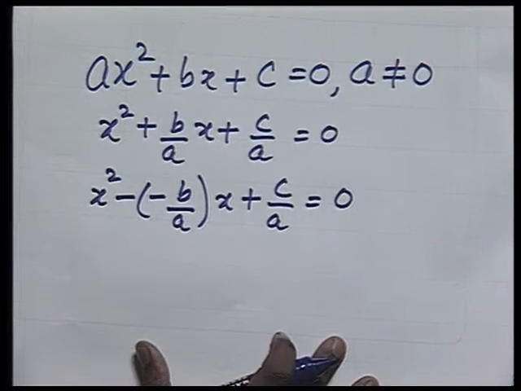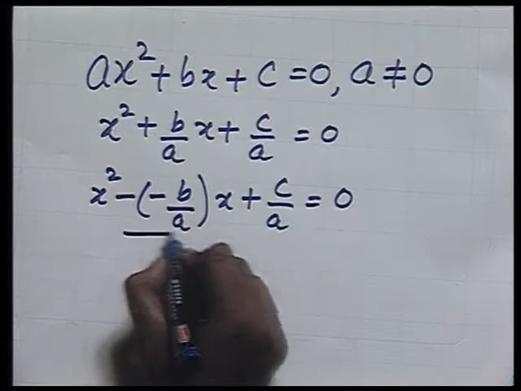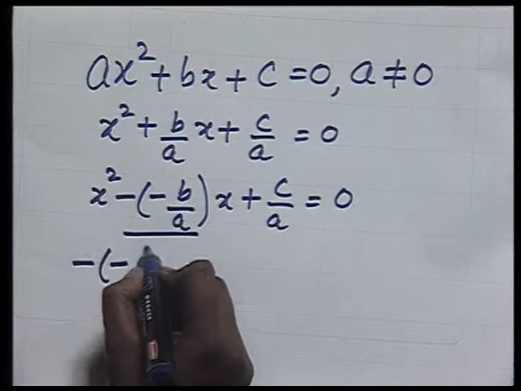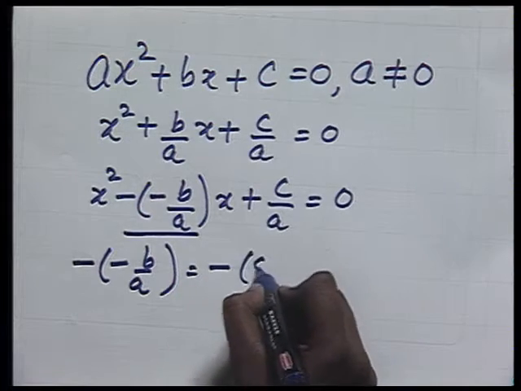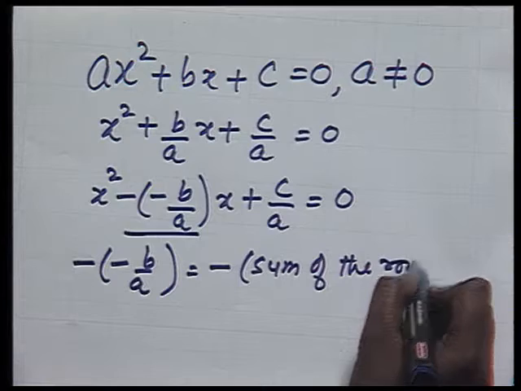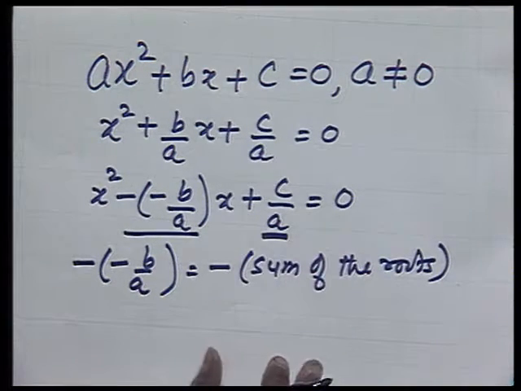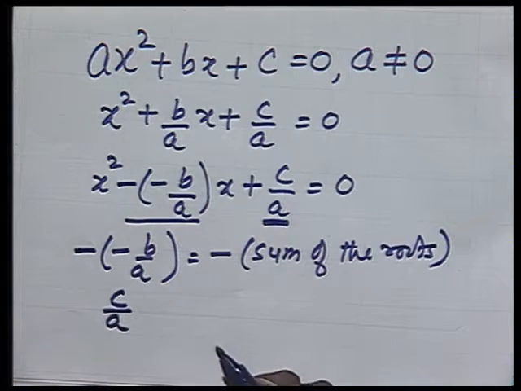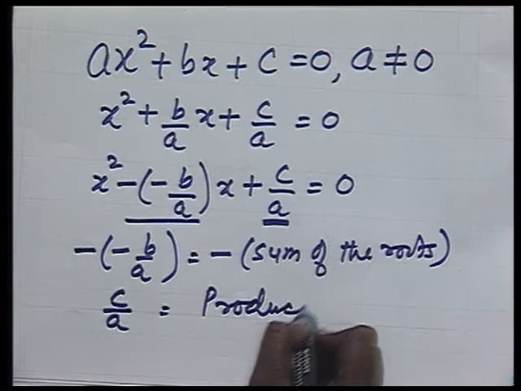Now, observe here that the coefficient of x here is nothing but minus b upon a, which is minus sum of the roots, and the constant term here is c by a, that is product of the roots.